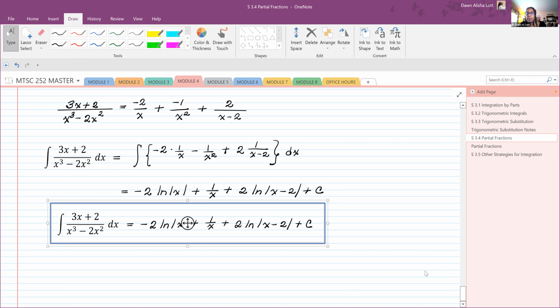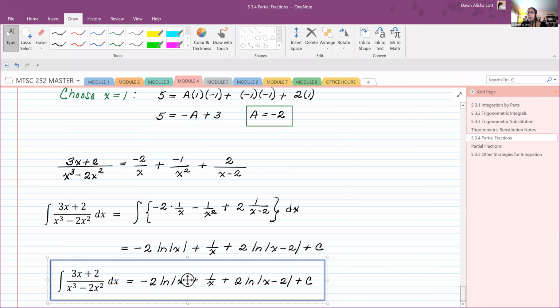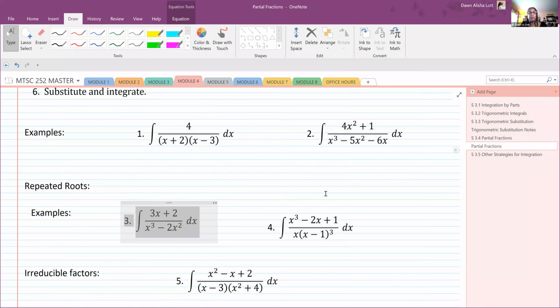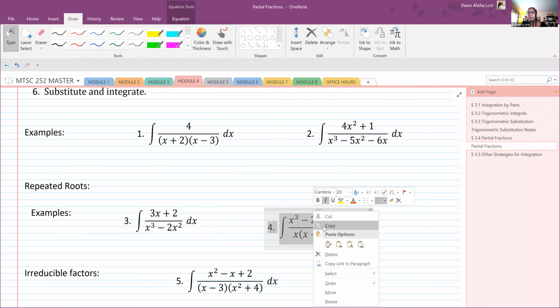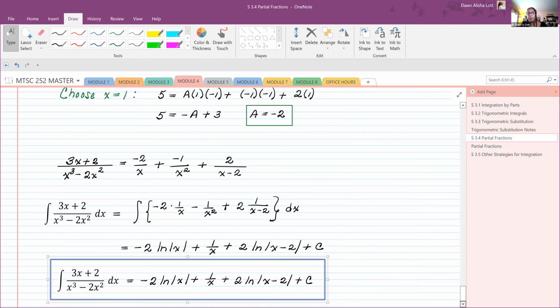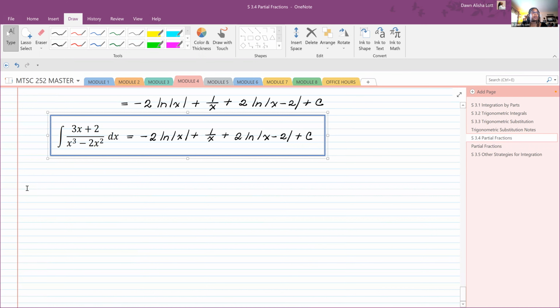Okay, all right, so this last problem we're going to set up. This is the last thing we're going to get to before break. And so we will just set it up because we don't have time to complete it. But it is also a repeated root problem.